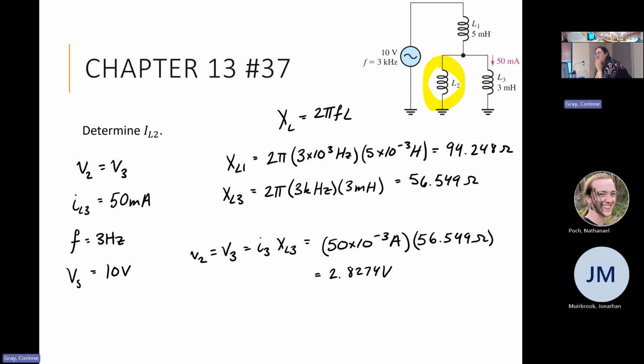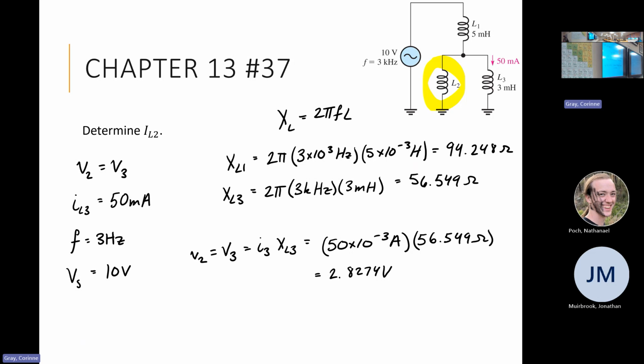So what's the other one? As you go around a loop, what sums up to 0? So if we think about our loop, we're going to do it for 10 minus L1, whatever that happens to be, minus L3, which we just solved for.